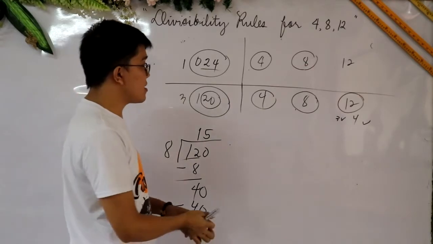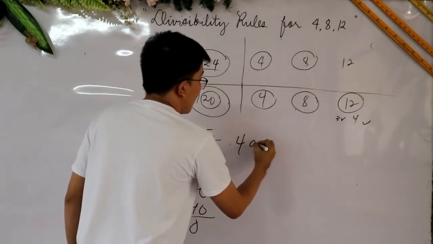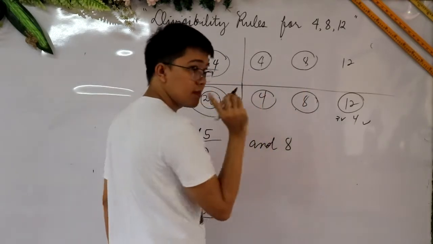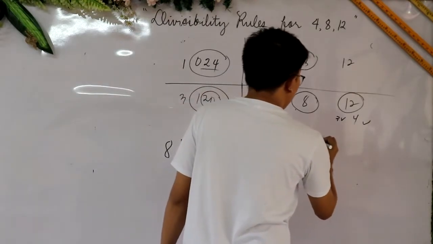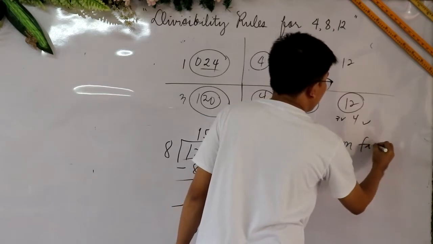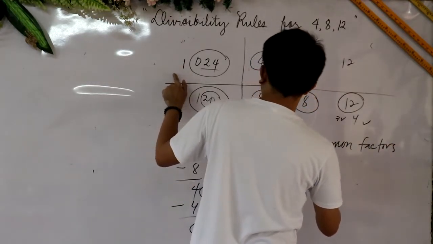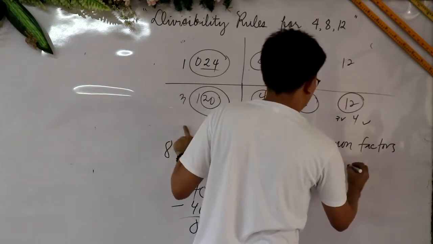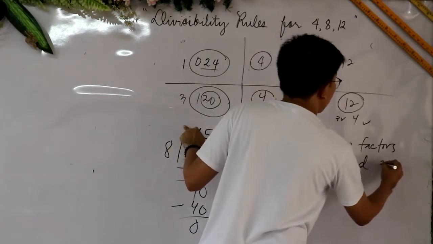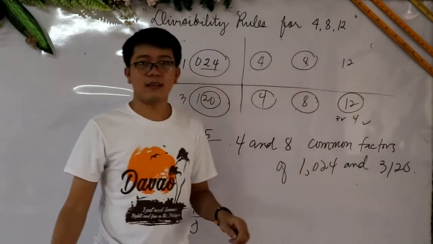And that makes 4 and 8 common factors of 1,024 and what is the other number? 3,120.